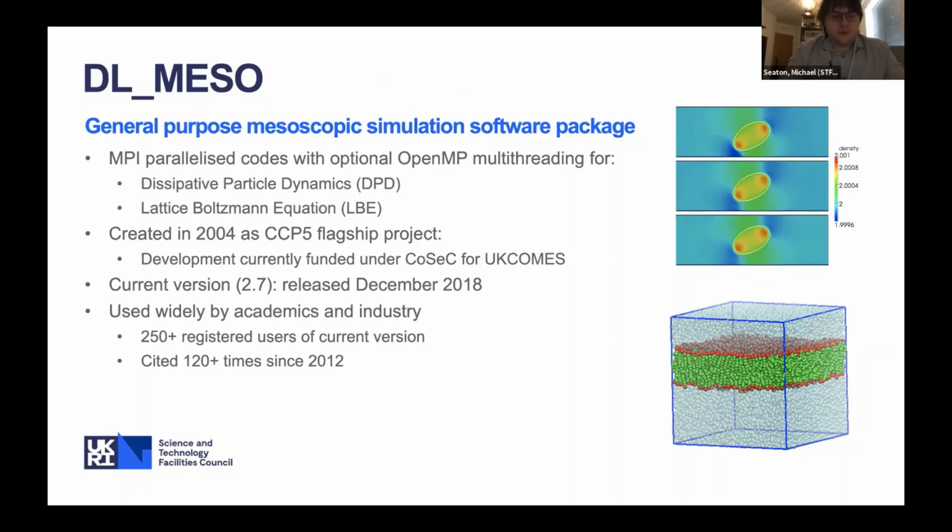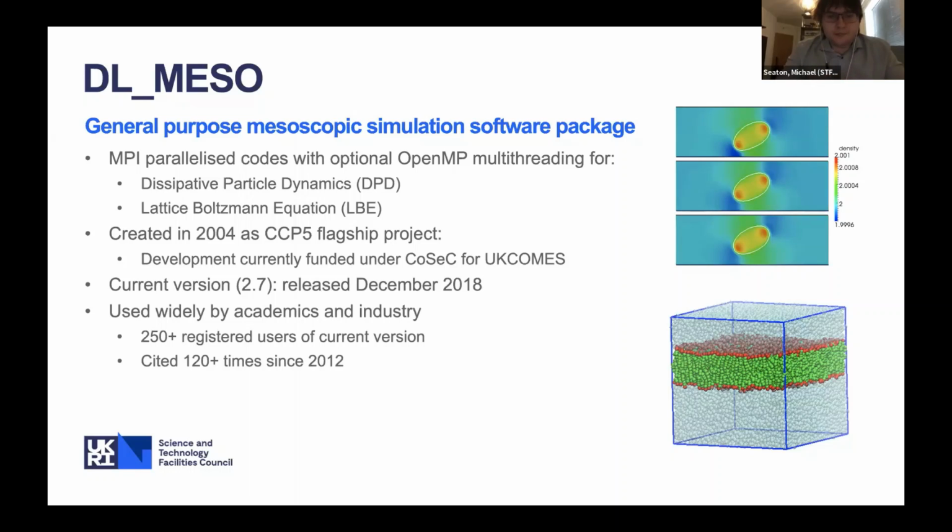Those codes include parallelization using MPI, so you can run them on multiple processor cores. There's also some multi-threading available, which is another way to accelerate the calculations you want to carry out.